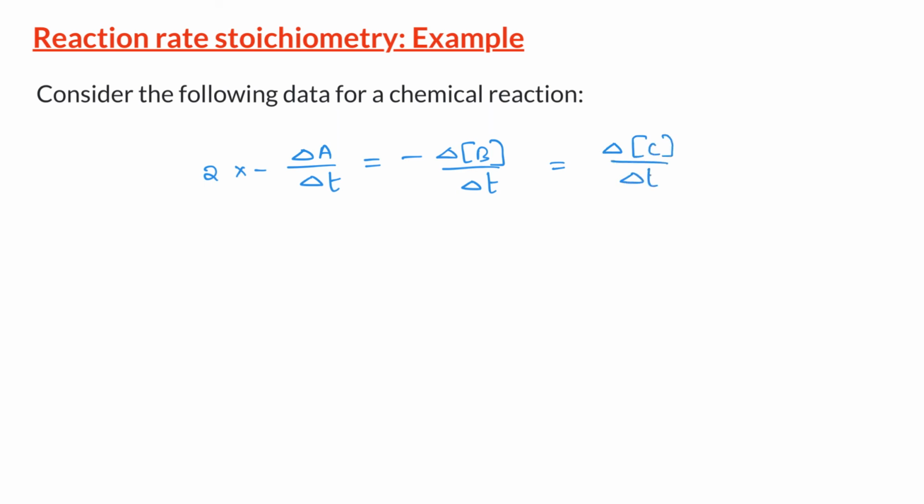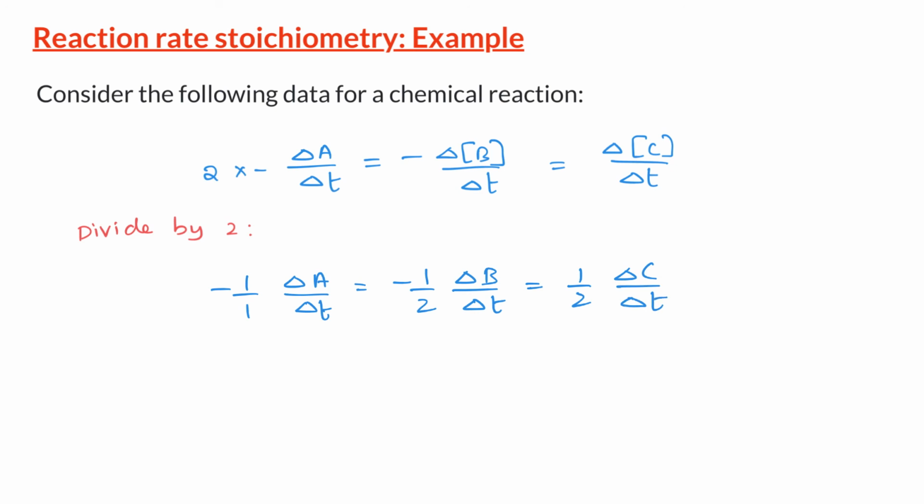Or if I divide the entire equation by 2, I get minus 1 over 1 delta A over delta t is equal to minus 1 over 2 delta B over delta t is equal to 1 over 2 delta C over delta t. As you can see, we have a negative sign in front of the rate with respect to A and the rate with respect to B. Therefore, these are reactants, as we've already mentioned, and C is the product.